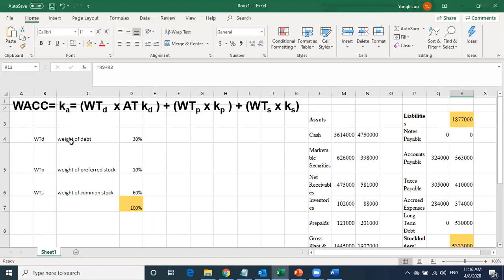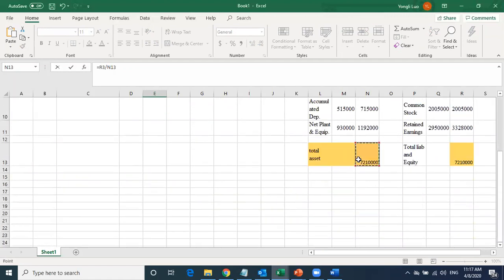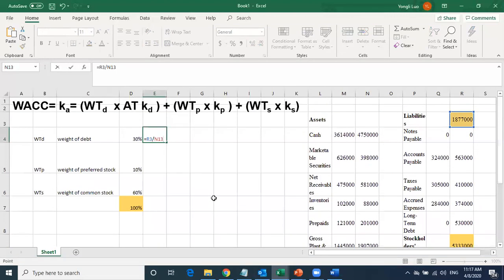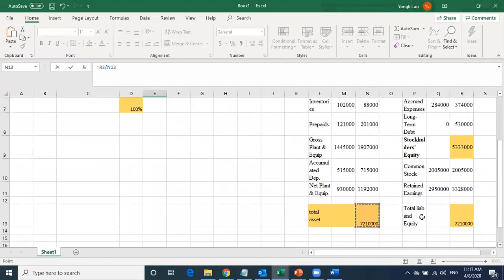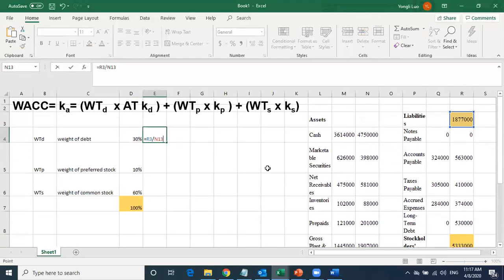So what is the weight of debt? It is your total liability divided by your total asset, or divided by the total liability plus owner's equity. The weight is 26%.